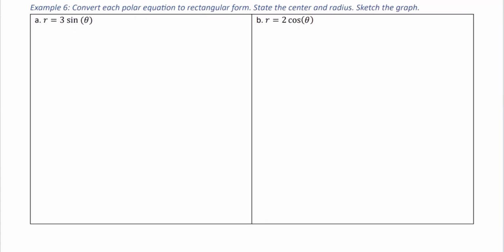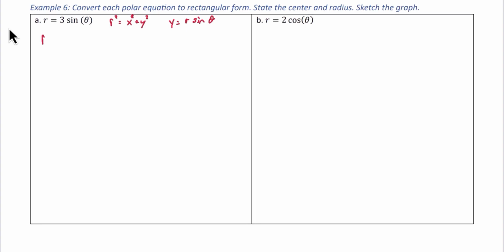Remember, one of the formulas that we have is r squared equals x squared plus y squared, and we also have y equals r sine theta. Initially, we don't have r squared or r sine theta in the initial polar form, but if we multiply both sides by r, we can get that to pop out.